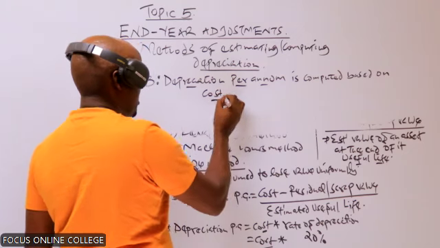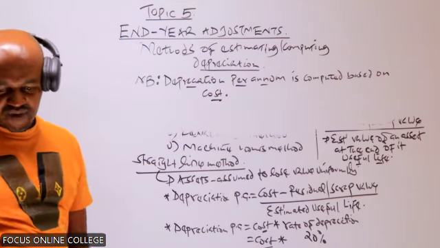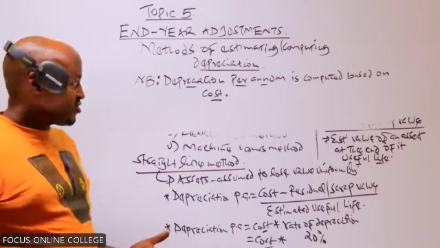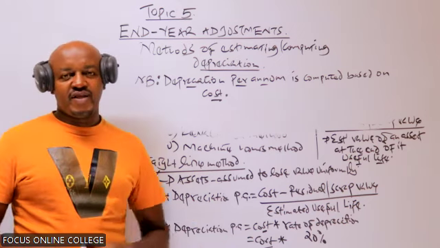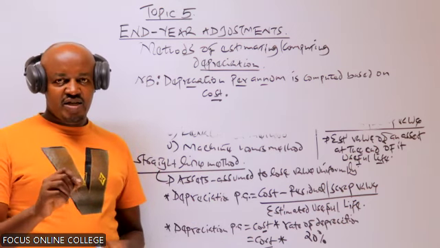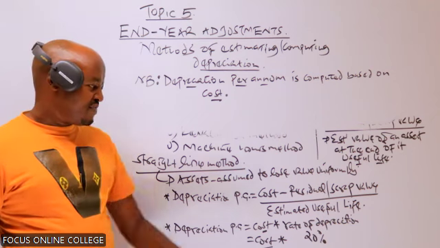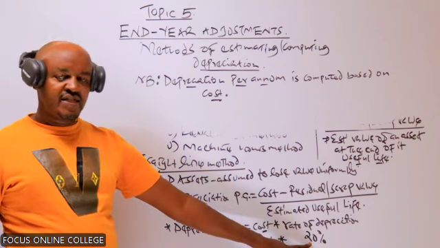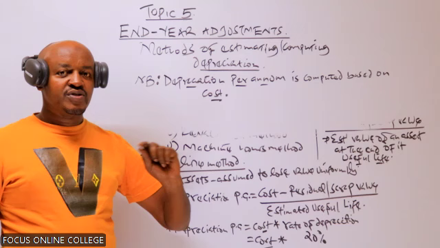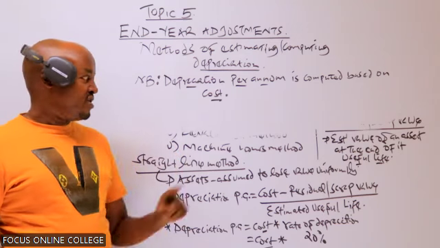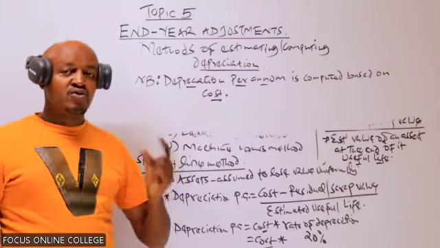Because once we start preparing financial statements of companies, you'll be given a trial balance. Maybe you're given a number of assets, and then you're given some information. You're told, for example, an asset like a motor vehicle will be depreciated at the rate of 20% per annum using the straight line method.